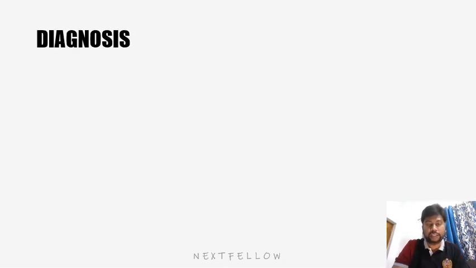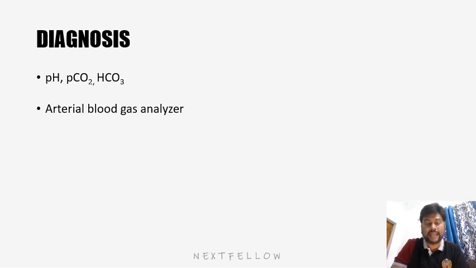For this diagnosis, we mainly need three parameters, which are nothing but pH, PCO2, and bicarbonate level. Among these, pH and PCO2 will be estimated in the arterial blood with the help of an instrument called a blood gas analyzer.